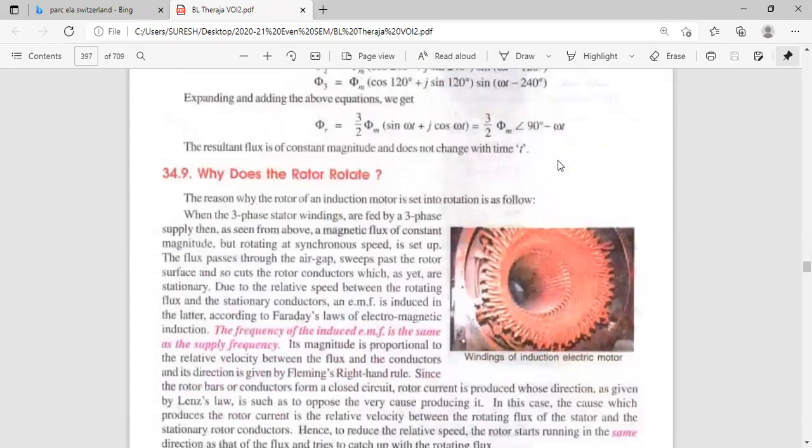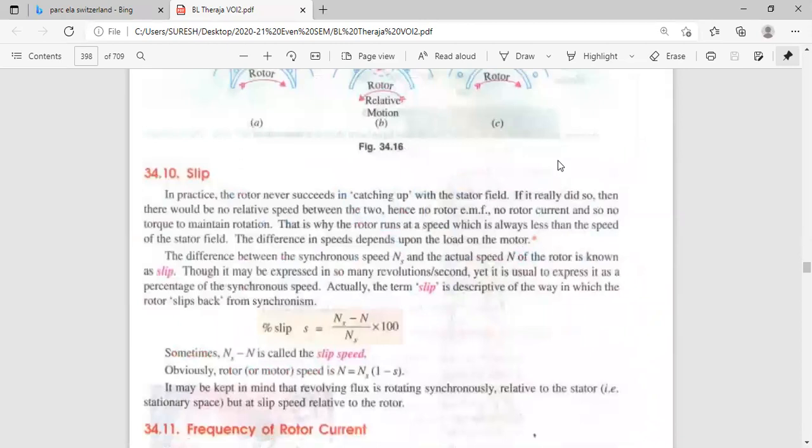Now we'll discuss the actual speed of the rotor. Actual speed of the rotor is N. N is called actual speed. Now we'll define one formula that is called slip. Write down slip as a side heading. Slip S is equal to Ns minus N by Ns.